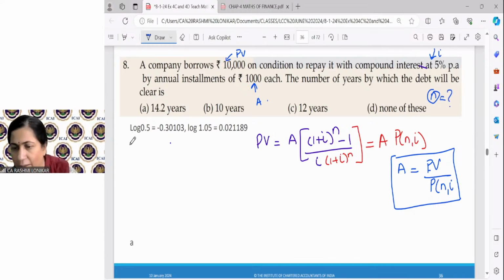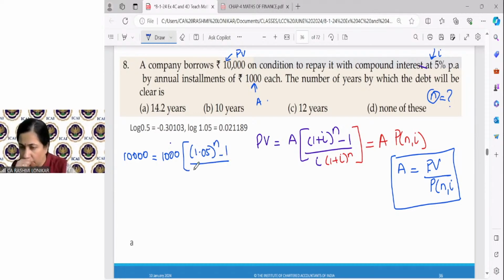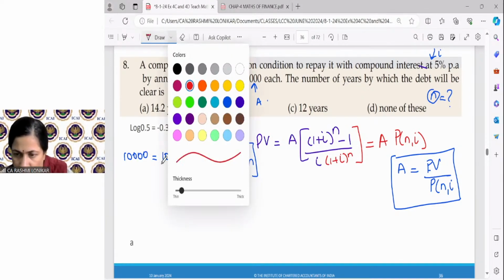So, I have PV to be equal to 10,000 is equal to 1,000 into bracket 1.05 raised to N minus 1 upon 0.05 into 1.05 raised to n. Now 10,000, ये जो 1,000 है ना, वो मैं नीचे लेके जाती हूँ. Okay?